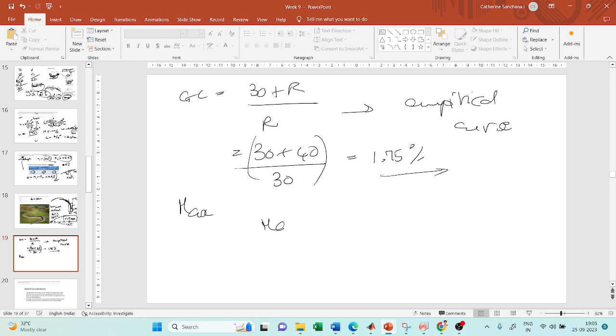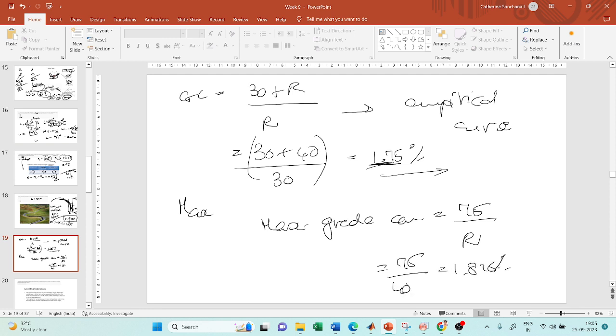What is the maximum grade compensation that can be provided? This should be less than that value. That equation is given by 75 by R. So what is 75 by R? It is nothing but 1.875%. So this is the maximum grade compensation that you can provide for that portion of the curve.